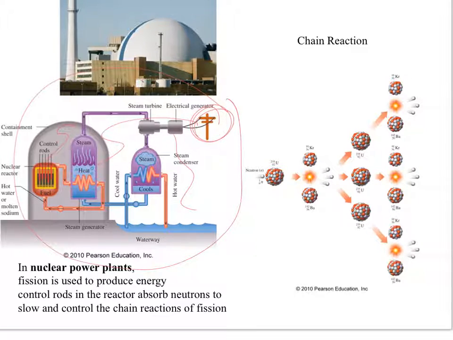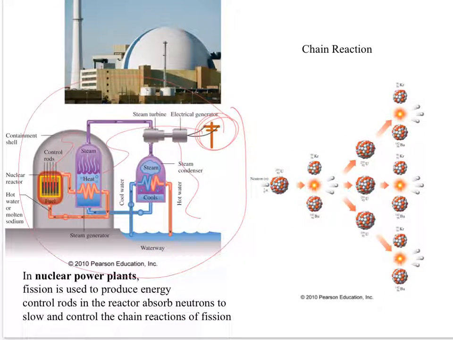So a chain reaction: you start one reaction here, hit this one, but then notice these three little neutrons that are produced. You can never just have one atom of anything. It's way, way too small. You're going to have a sample, and in fact, we call this a critical mass, but that's not important right now. So you've got millions and billions of uranium atoms, even in a small sample.